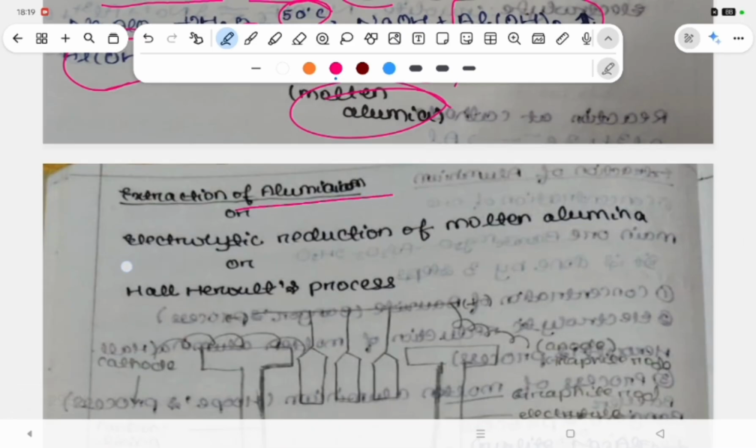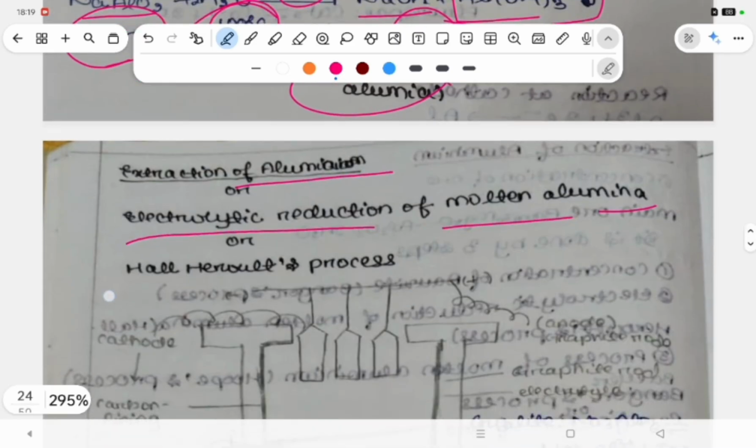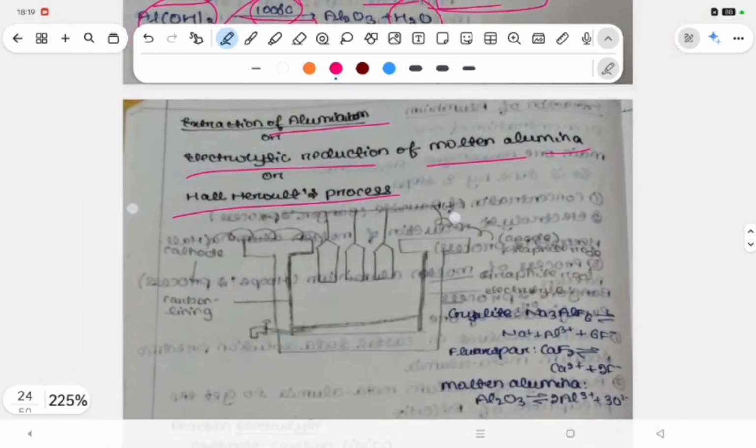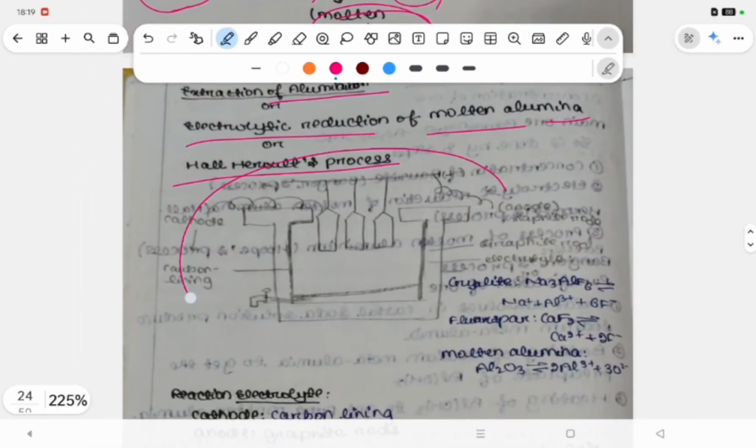Extraction of aluminium, or electrolytic reduction of molten alumina, or the Hall-Héroult process. This is the diagram. They can ask a diagram-based question, meaning a diagram is given and a question is asked about it. This is the carbon lining, and this is the cathode.